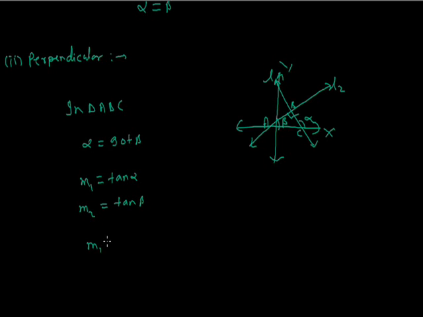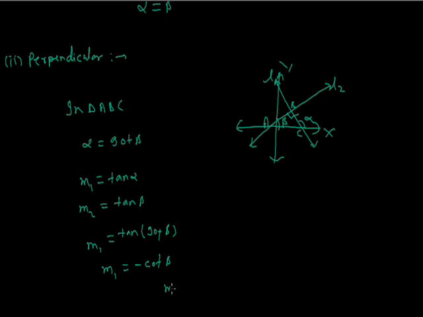Now m1 is equal to tan of 90 plus beta, because we know that the value of alpha is equal to 90 plus beta. So here m1 is equal to minus cot beta.